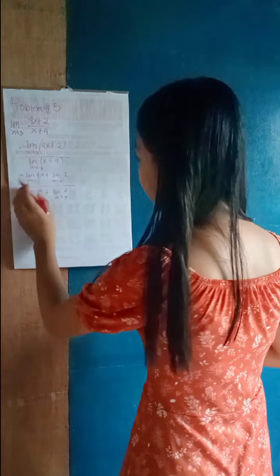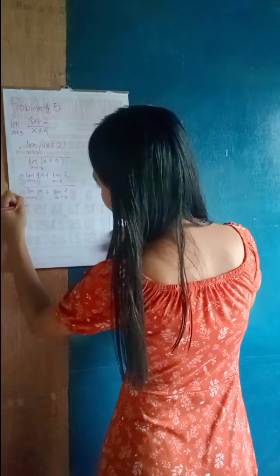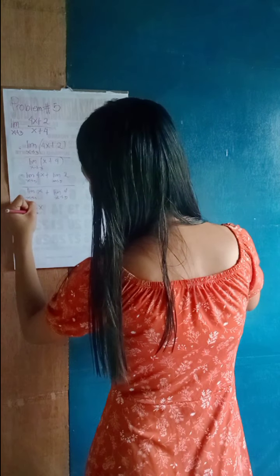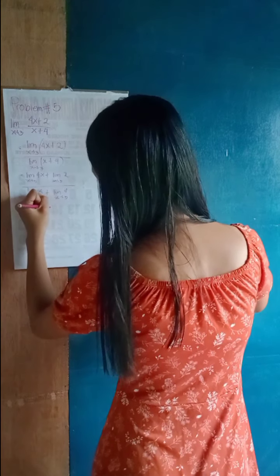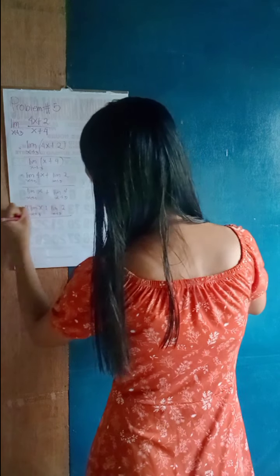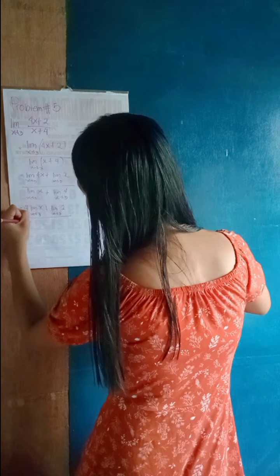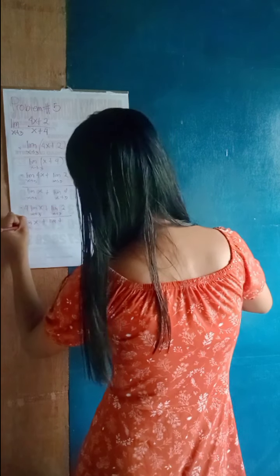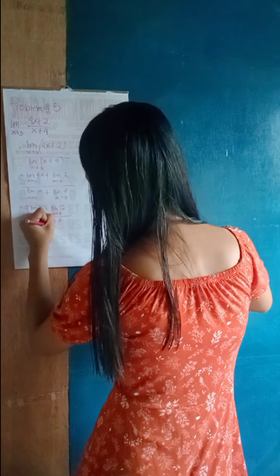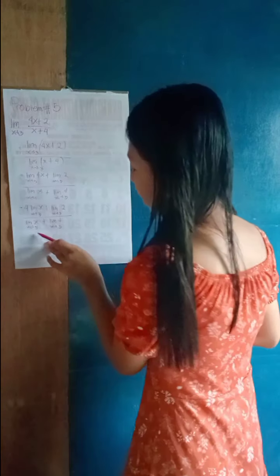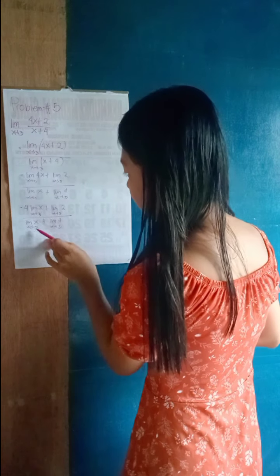Then, apply limit number 3. So this will become 4 limit x as x approaches 3 plus limit 2 as x approaches 3 over limit x plus limit 4 as x approaches 3. Then, apply the value of a, which is 3, to limit x.